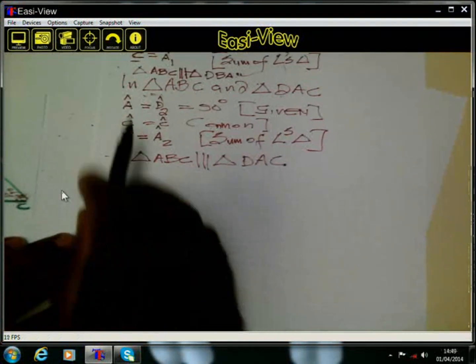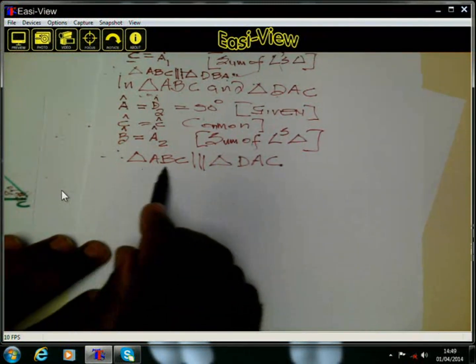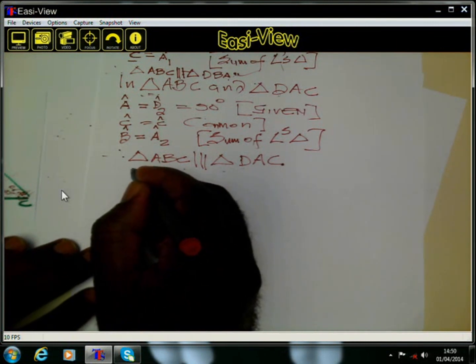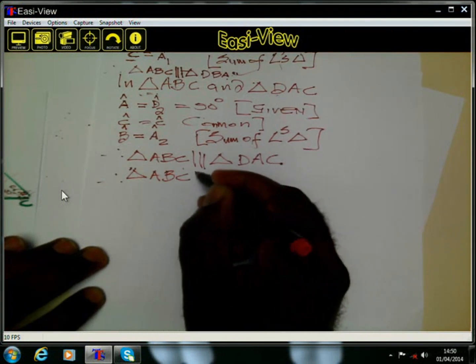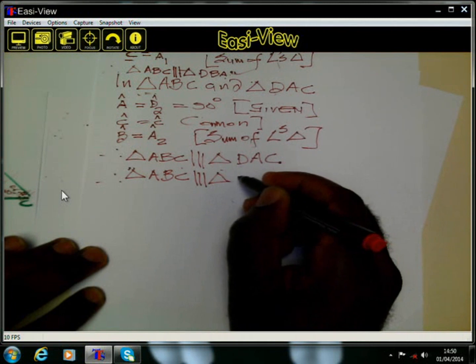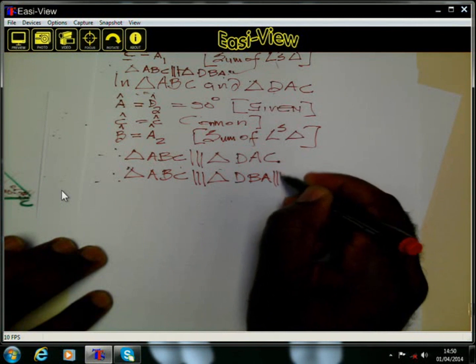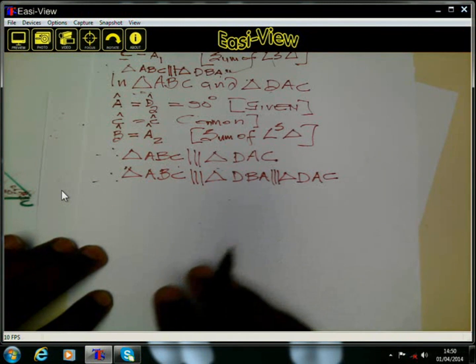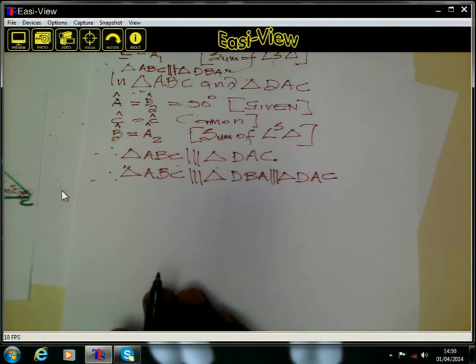If triangle ABC is similar to triangle DBA, and triangle ABC is also similar to triangle DAC, then the three triangles are actually similar. That is the conclusion. This is what the theorem entails.